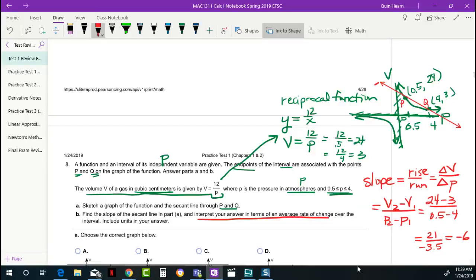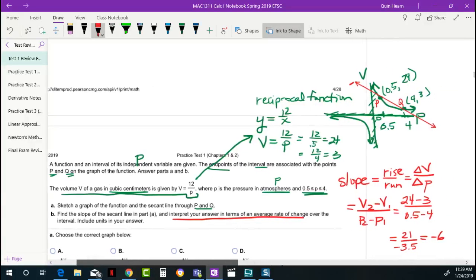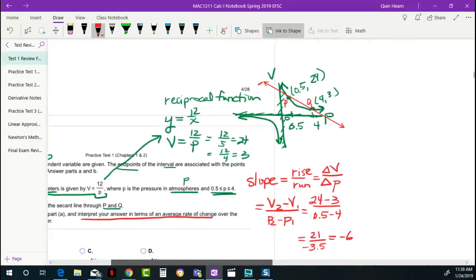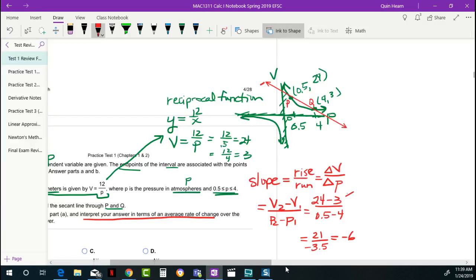Okay, so this has a slope of negative 6, but remember there are units associated with V and P, right? So V was measured in cubic centimeters. So this was actually 24 cubic centimeters minus 3 cubic centimeters gave us 21 cubic centimeters over, in the denominator, atmospheres is the unit of measurement.